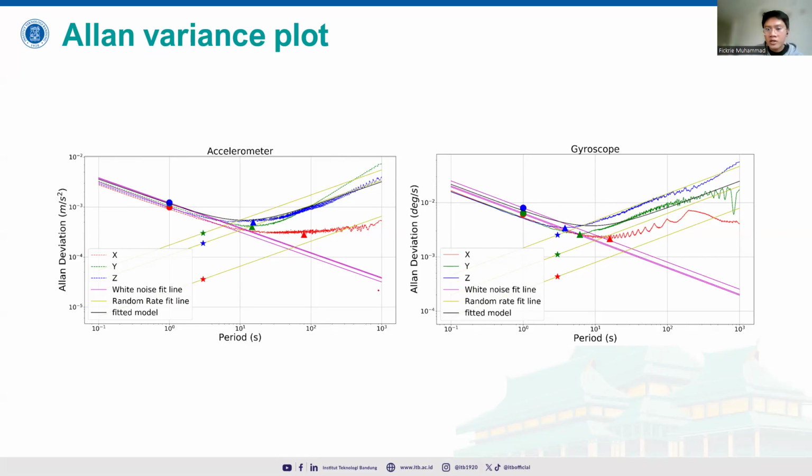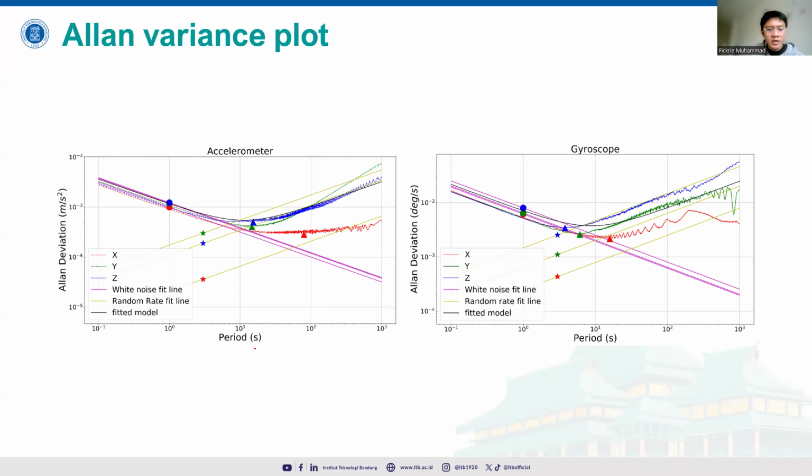So when we are measuring with our IMU, for example, if you have 100 meters per second squared, with a bias and noise of, for example, 1 meter per second squared, then we'll have 99 meters per second squared.